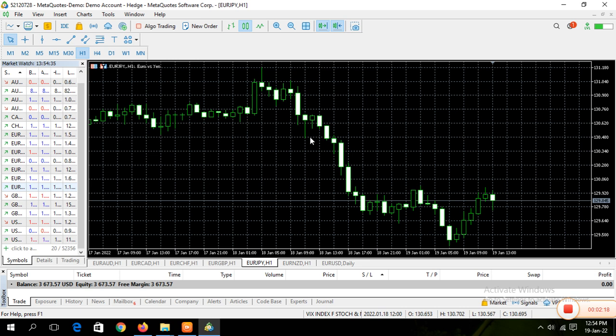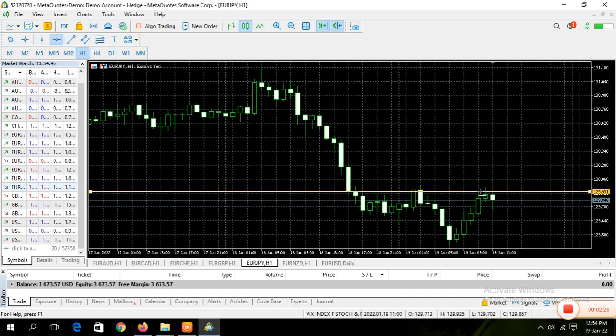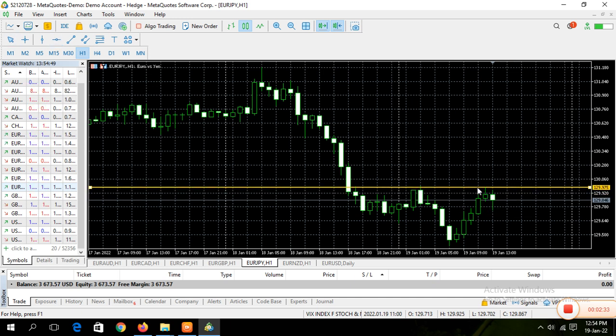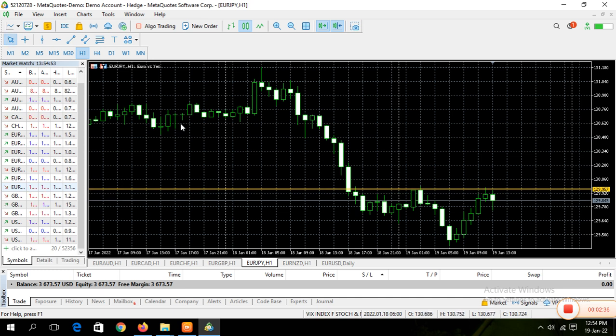So if, for example, we look at today's behavior of the candle, we look at the strategic place where we put our horizontal line at the strategic level. This is the strategic level. So it gives us information about the day's movement of the candle.